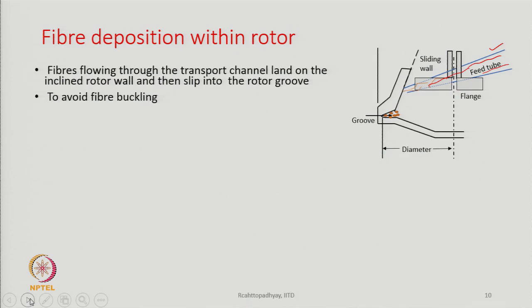Now, when the fibers are released on the rotor wall, there is an important condition that needs to be met. The velocity of the rotor wall must be more than the velocity of the incoming fibers. Why?